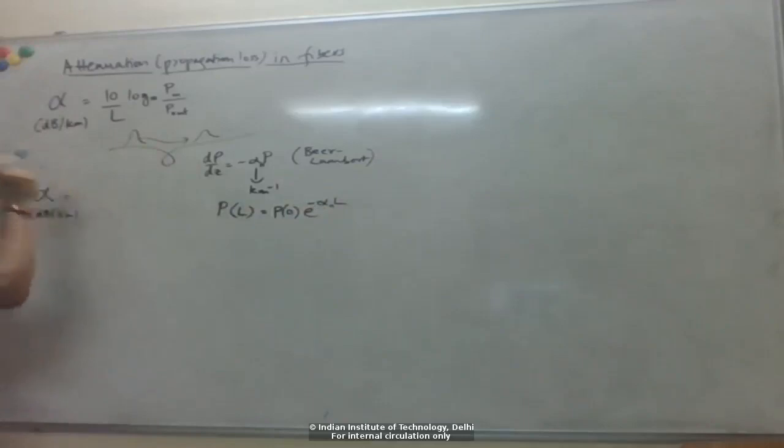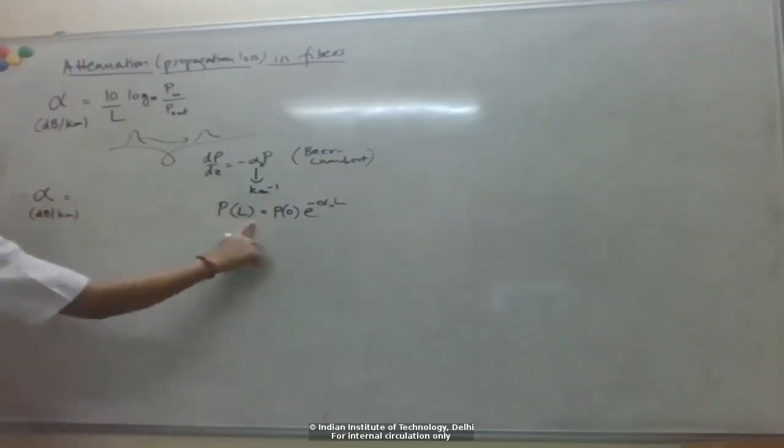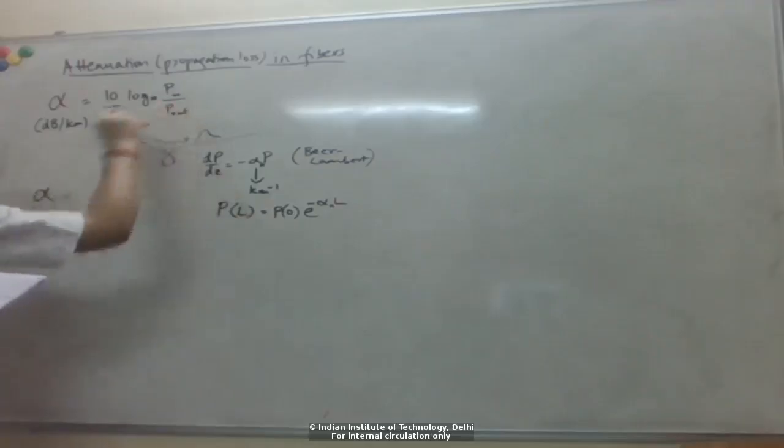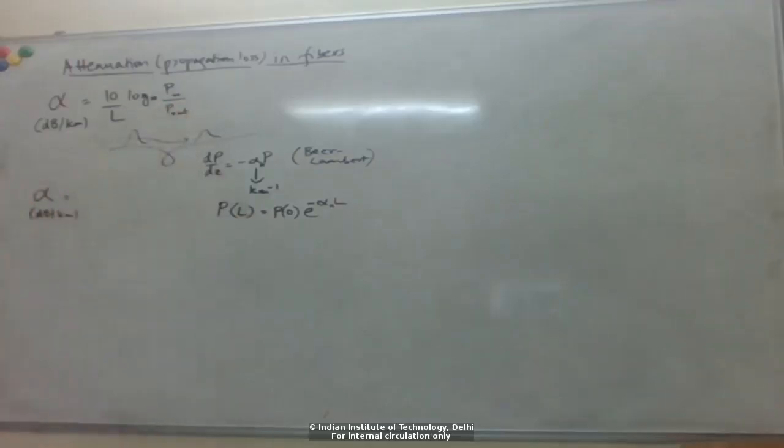These two quantities are related like this: you can plug the expression for P_L into here, P_R. The relation is something like this, once you take the log of e and so on, it goes something like that.